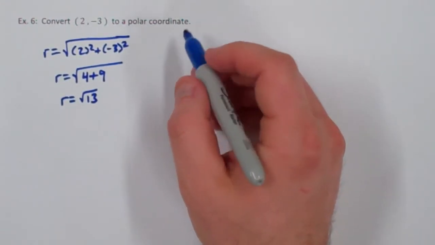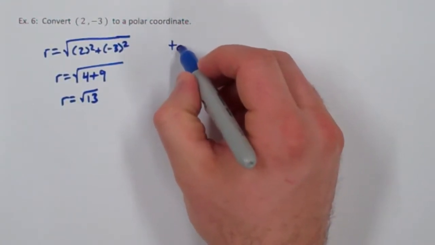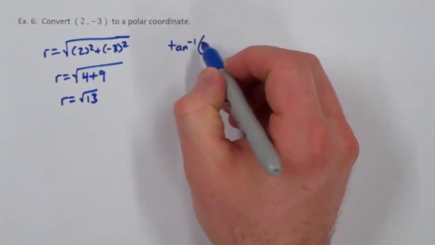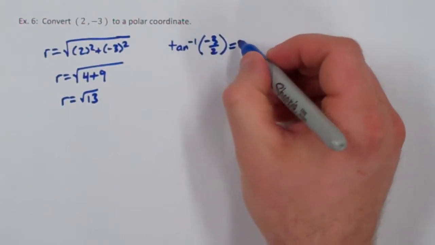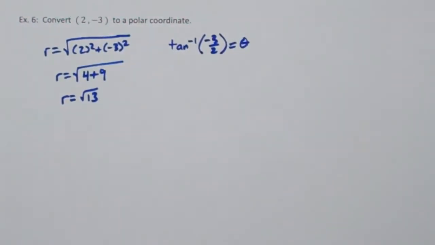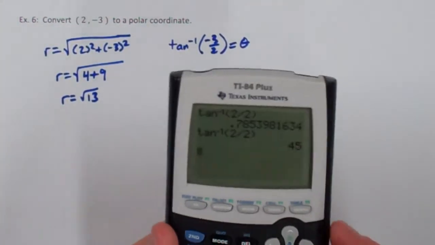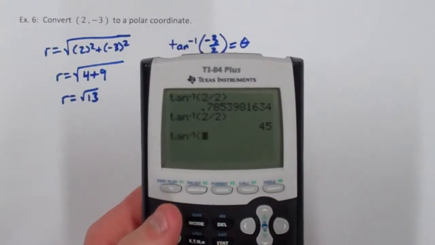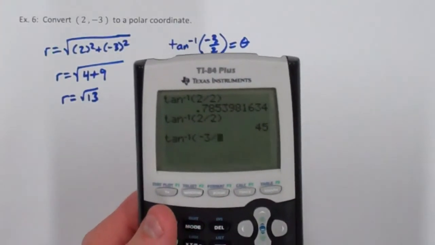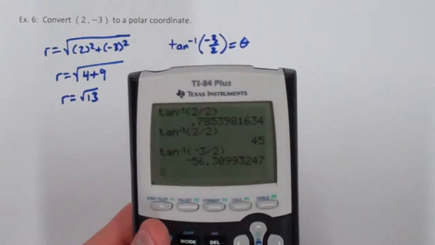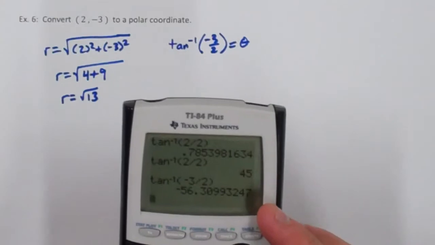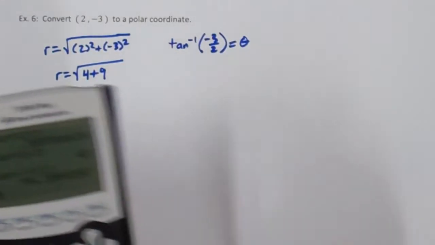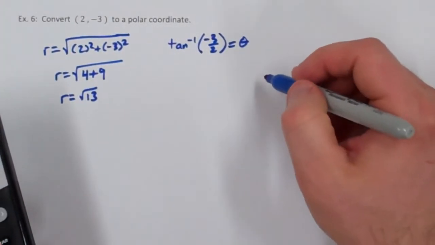Now what we can do is take the inverse tangent of y over x, and that's going to get us theta. So if we use our calculator, we can just type in the inverse tangent of negative 3 divided by 2 and go with that. Now you'll notice that this is a negative value here. We need to do a little bit of thinking, especially with these polar coordinates.